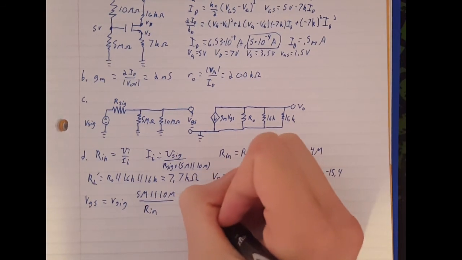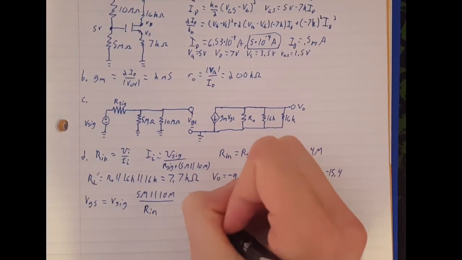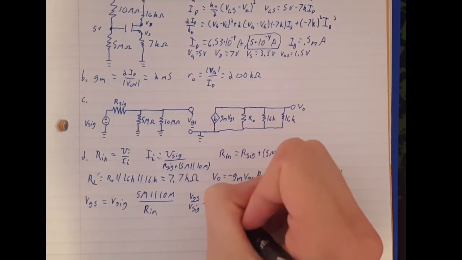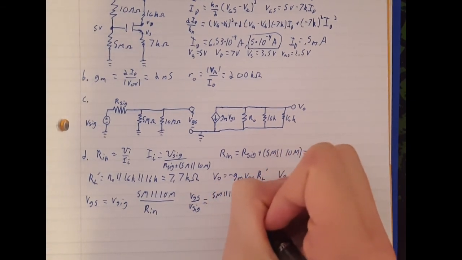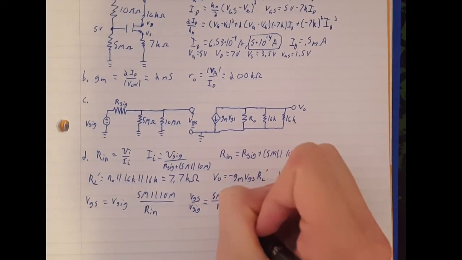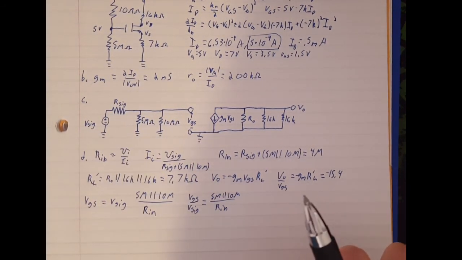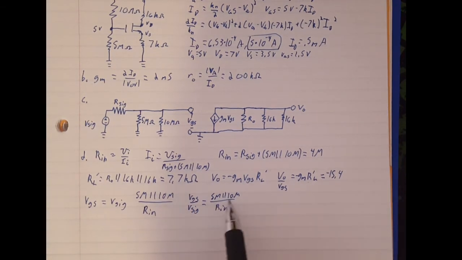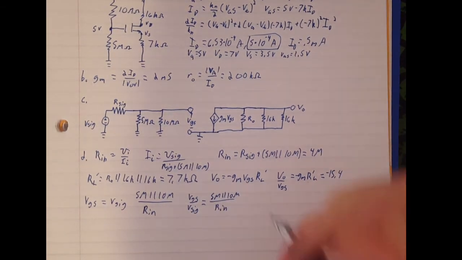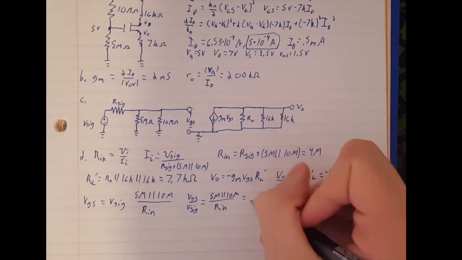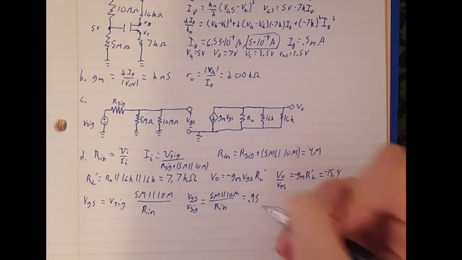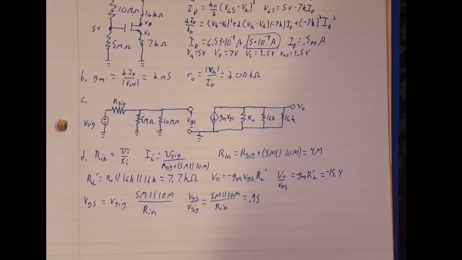So VGS over V sig equals 5 mega in parallel with 10 mega over Rin. 5 mega in parallel with 10 mega is pretty big compared to what R sig is. This is like 3.8 mega. So it's no surprise that this comes out to about 0.95.